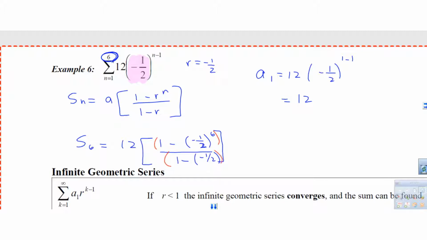In the calculator: 12, parenthesis, 1 minus parenthesis, -1 divide 2, close it, raise it to the 6th, close it, divided by parenthesis, 1 minus parenthesis, -1 divide 2, close it, close it, hit enter, and I get a decimal. So I'm going to hit second PRB, enter, and my answer is 7 7/8, and I'm done.